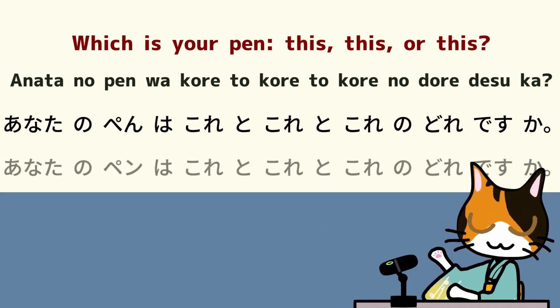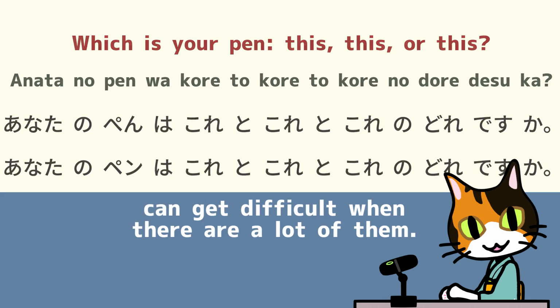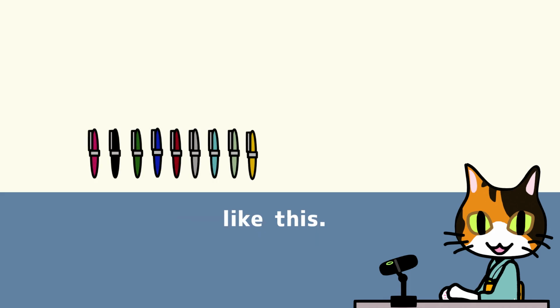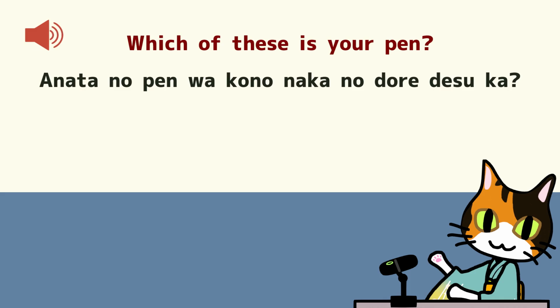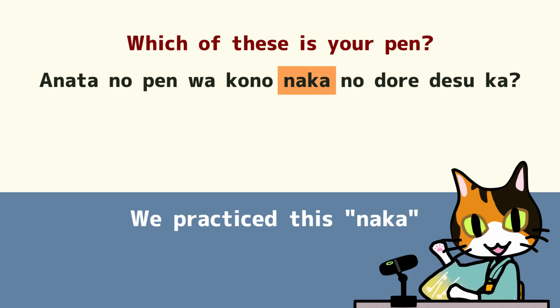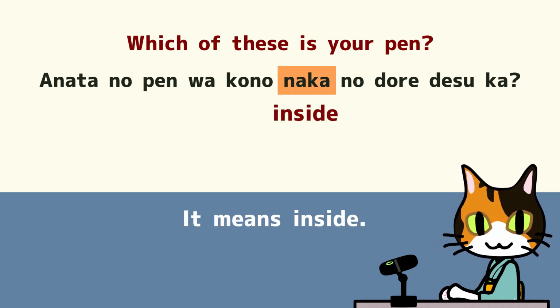Awesome. However, listing the options one by one like this can get difficult when there are a lot of them. So, let's practice saying it all together like this. "Which of these is your pen?" あなたのペンはこの中のどれですか? We practiced this naka in the last lesson. It means "inside."